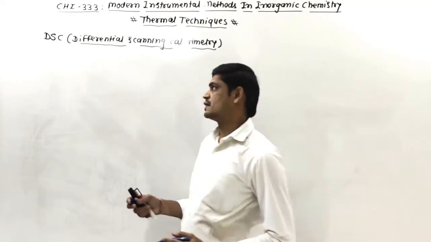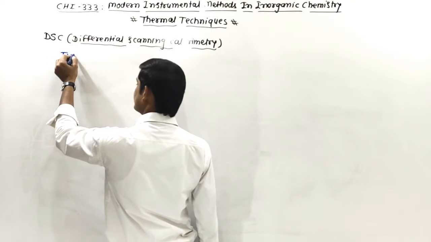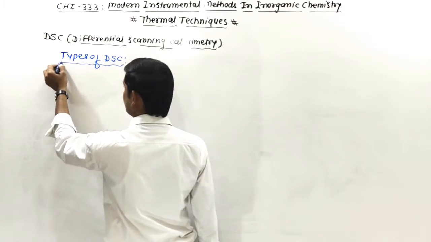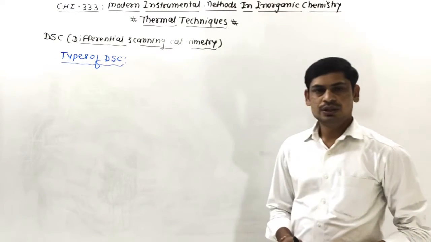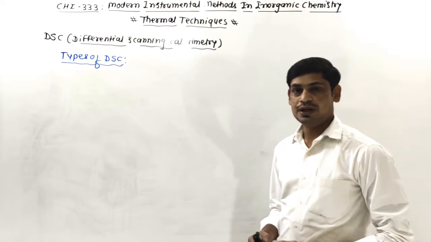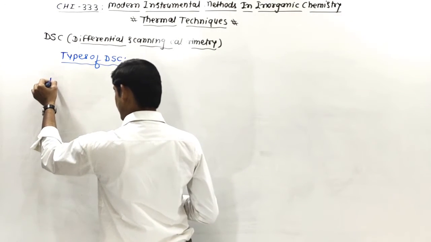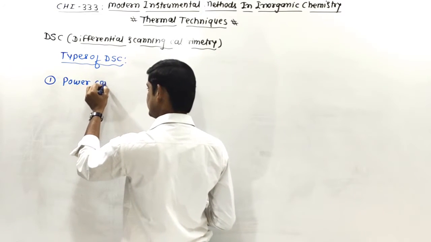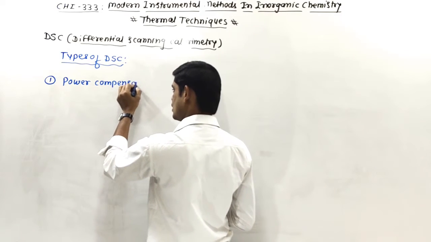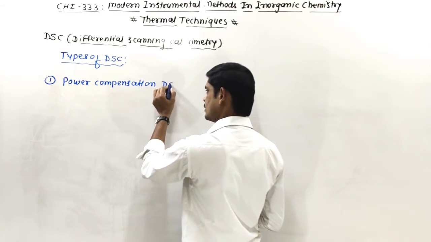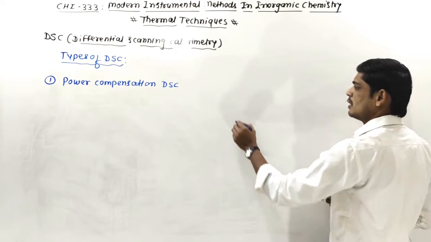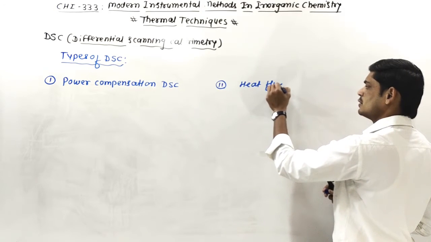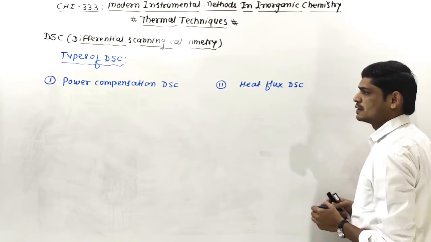Now the types of a DSC. Basically, there are two different types of a DSC. First is nothing but the power compensation DSC, and second is heat flux DSC.